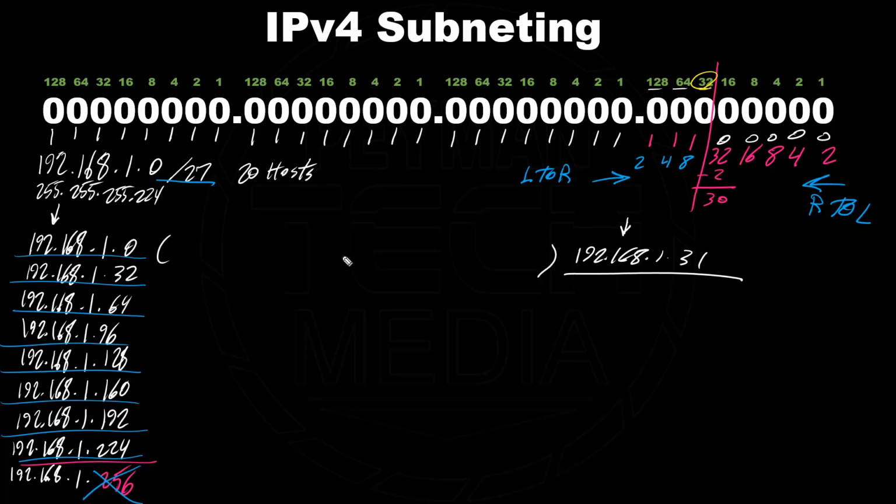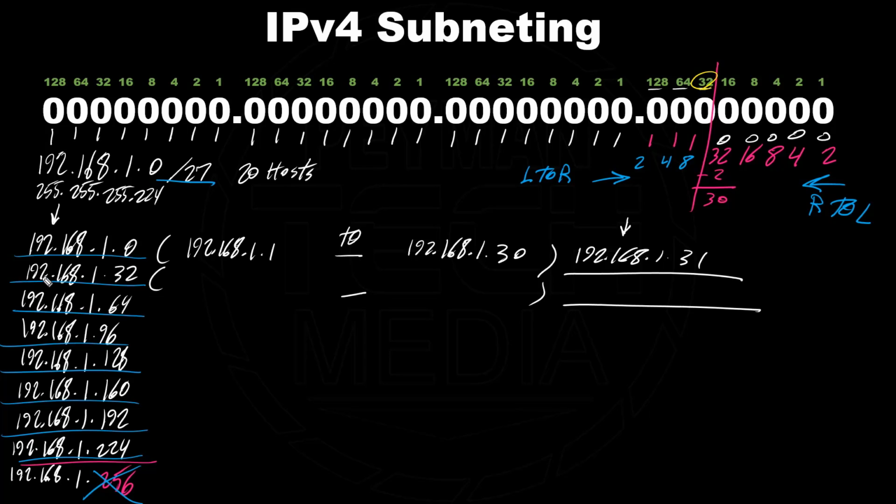And here, if we go through the range, 192.168.1.1, this is the first available IP address in this subnet, and it goes to one less than broadcast. So 192.168.1.30. So here we can see 1.1 to 1.30. That's 30 available IP addresses here, as we can see. So every subnet gives us 30 available IP addresses.